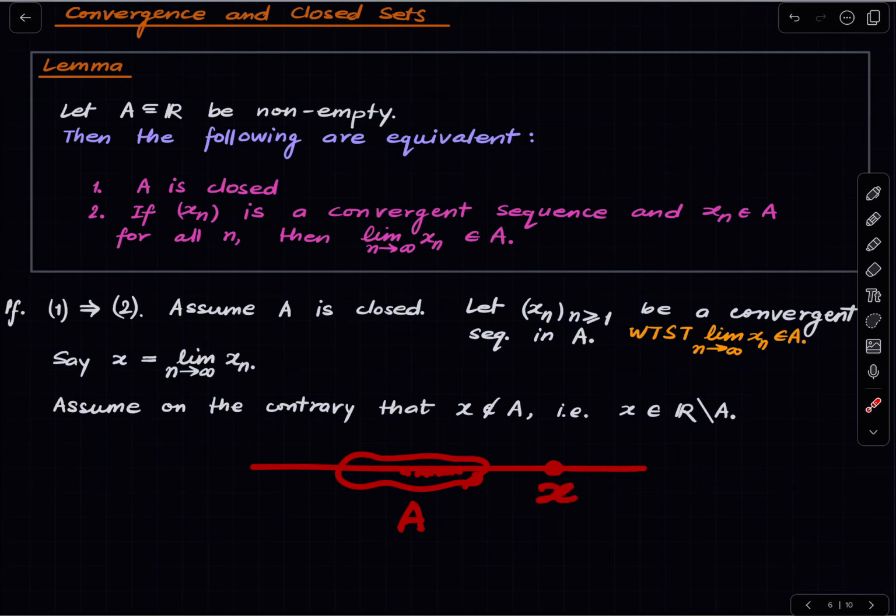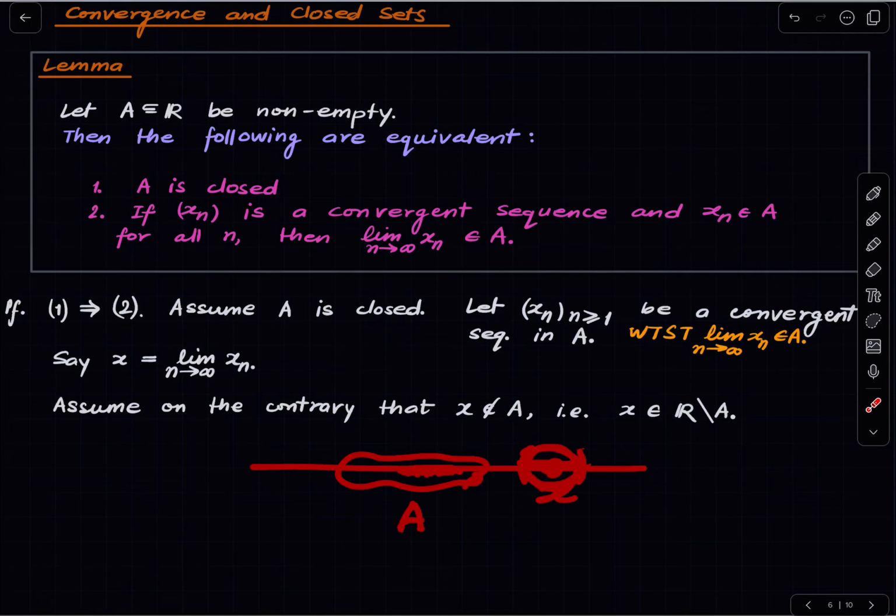And now, since the complement of A is an open set, and X is in the complement of A, there is some room around X which is contained in the complement of A. So there is some room around the point X which stays away from A, and therefore no points in the sequence that we had started with can lie in this region.